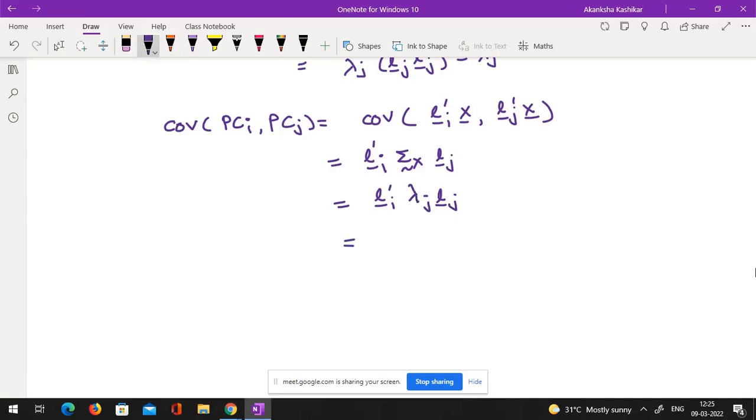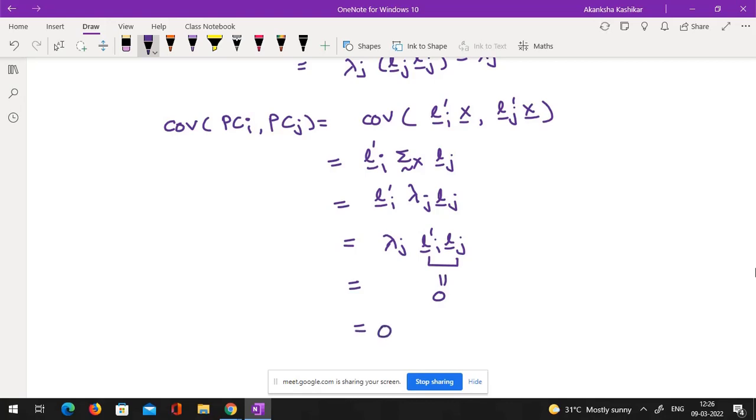So again I will take lambda outside because it's a scalar, so it becomes lambda j Li prime Lj, and we know that these eigenvectors are chosen in such a way that they are orthogonal to each other. That was one of our constraints in the Lagrange multipliers. So Li prime Lj is actually 0, and hence my entire answer is 0.